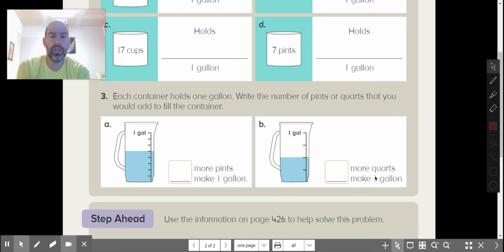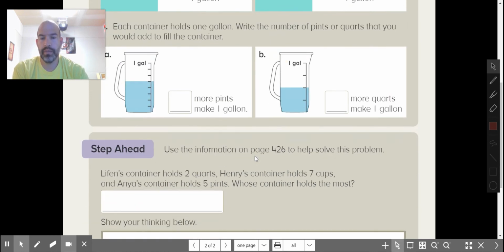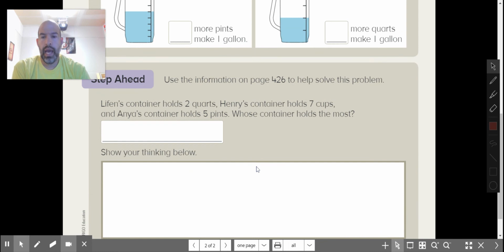Write the number of pints or quarts that you would add to fill the container. All right? So we have pints and we have quarts over here. And then in the step ahead, it says use information on page 426 to help solve this problem. And if you're struggling with this, we can go over this in math today.